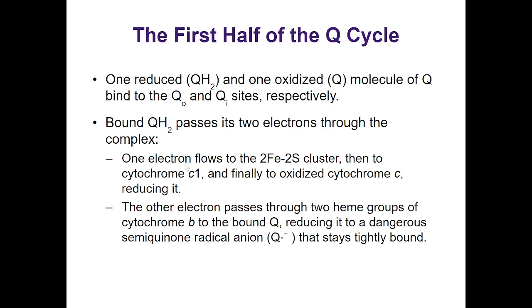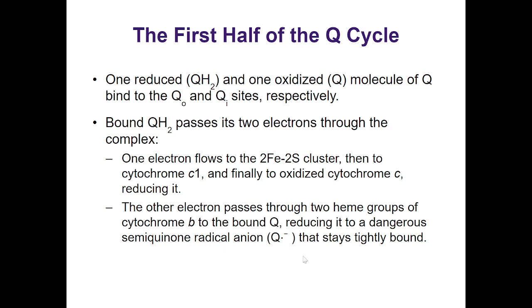One electron is going to flow to the 2Fe2S cluster, and then that will flow to the cytochrome C1, and finally to the oxidized cytochrome C, which will then reduce it. The other electron is going to pass through the 2 heme groups of the cytochrome B. This is going to then go to the bound Q. This will actually reduce it into that semiquinone radical anion.